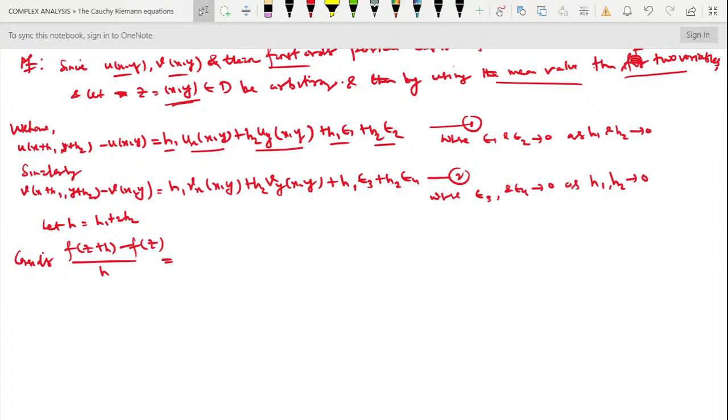So if I consider this, this is 1 by h, and what is f of z plus h minus f of z?